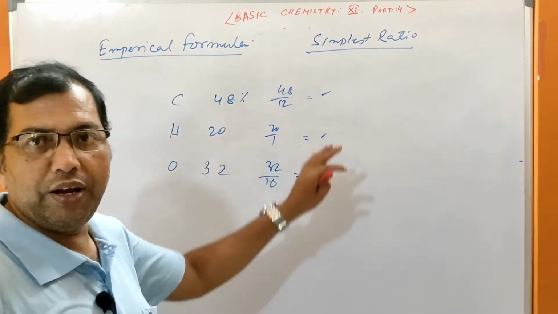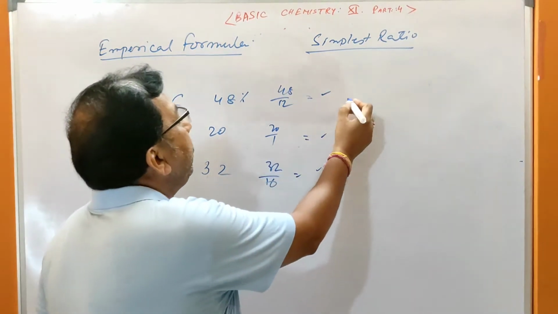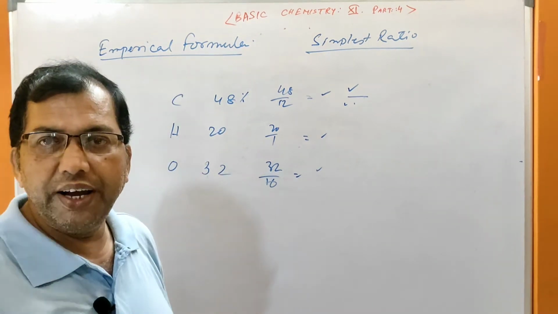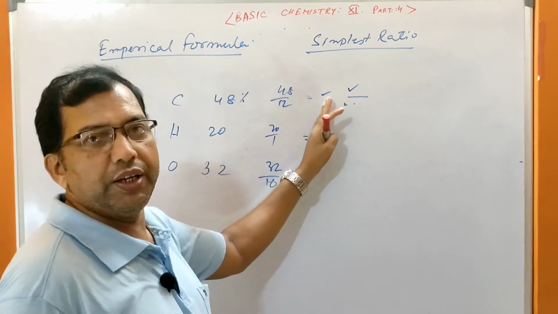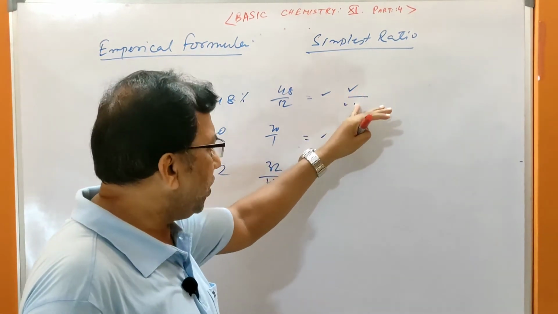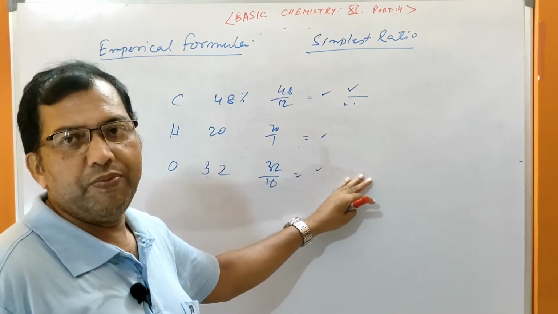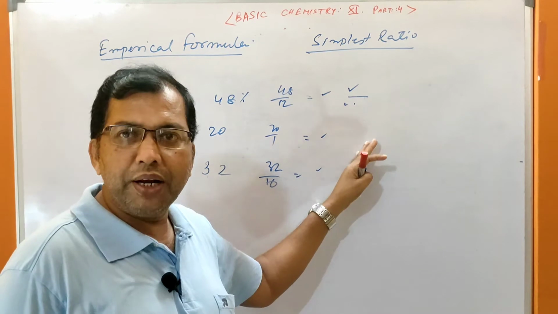You will get a value. This is the quotient, and these quotients will be divided by which number? We will divide by the smallest number among them; that smallest number will divide each of the quotients. Clear?